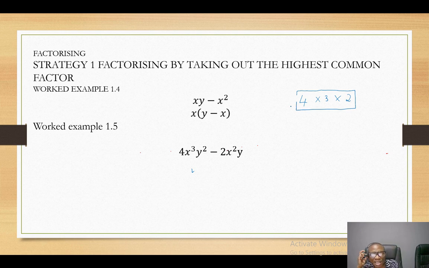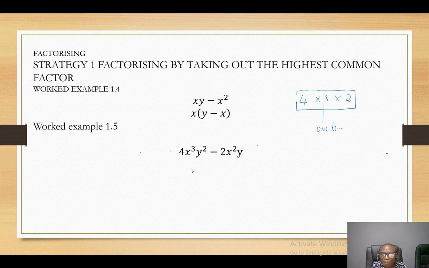Please don't say there are 3 terms there. Actually, 4 times 3 times 2 has got only 1 term. The expression itself is 1 term.